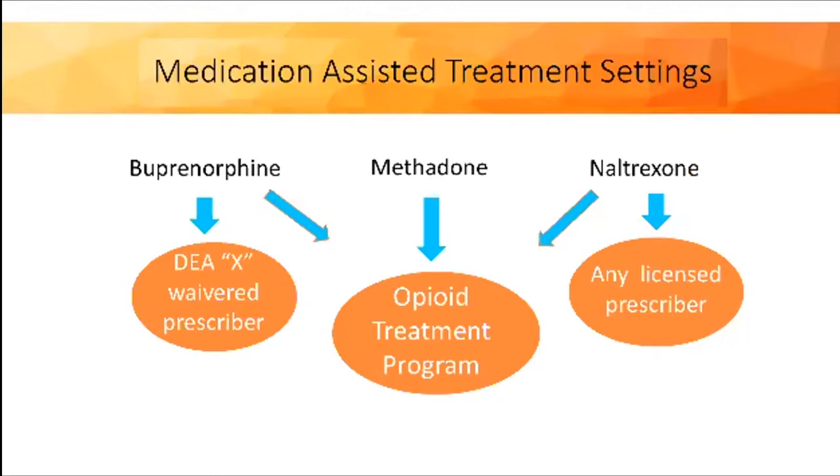Methadone outside of the hospital can only be distributed in an OTP, so one of these opioid treatment programs. Naltrexone is sometimes offered in an OTP, although it is usually offered in an outpatient setting because any licensed prescriber can prescribe this medication. It's not a scheduled substance, so anyone with prescribing privileges can prescribe both the oral and intramuscular form of naltrexone.